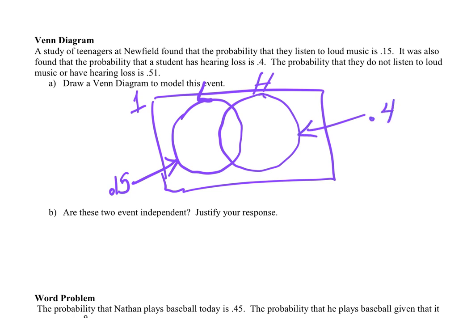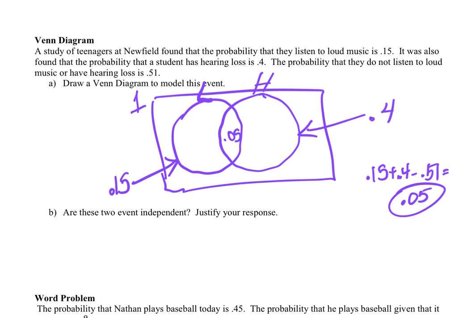The probability they listen to loud music or have hearing loss is 0.49, so that's an "or" situation. So that's our 0.15 plus 0.4 minus the "or", and we wind up getting 0.05. So 0.05 have both.